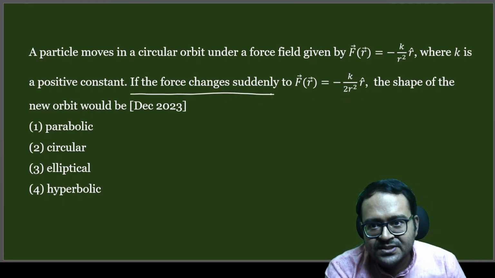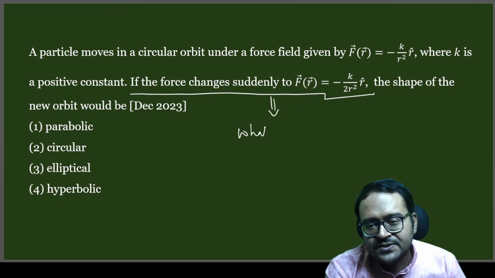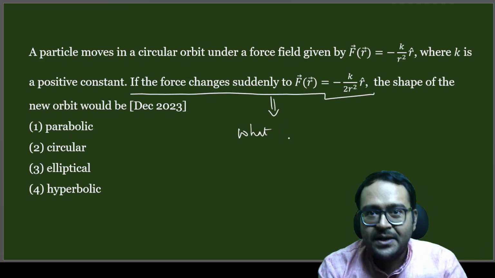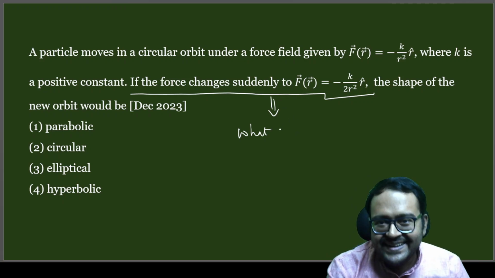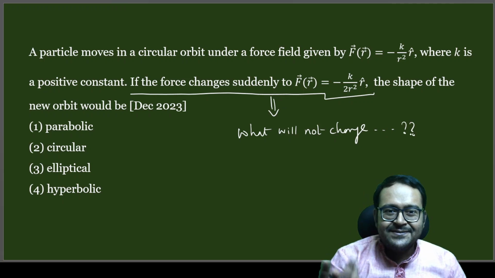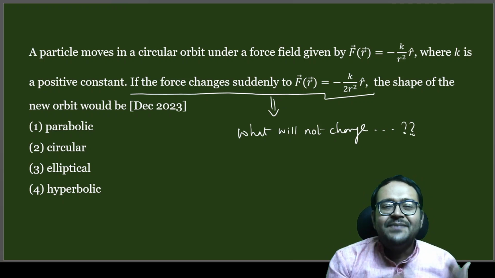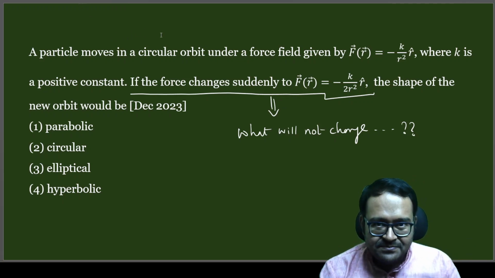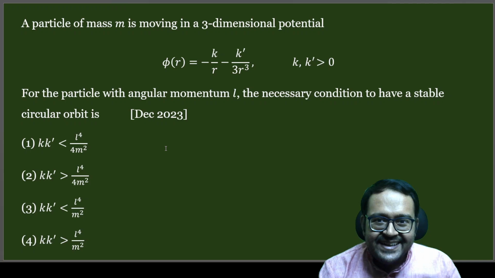If the force changes suddenly, some things do not change, but some things do. What will not change? Remember this dialogue: some things do not change, but some things do. Matrix, part 2, the Matrix trilogy. Part 2 or 3? 2.